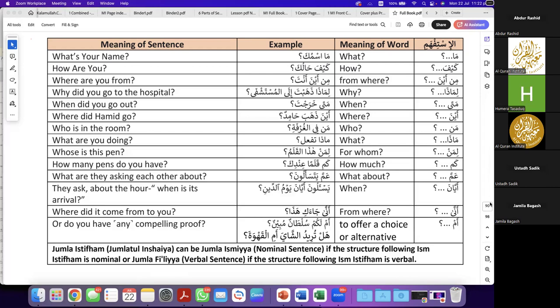Jumlatul Istifham can be a Jumlatul Ismiyya, nominal sentence, if the structure follows that, or Jumlatul Fi'liya if the structure is verbal. So depending on the role of the istifham, it can be a nominal sentence or a verbal sentence. But again, that's slightly advanced. So in module 2, we'll go into that more, inshallah.